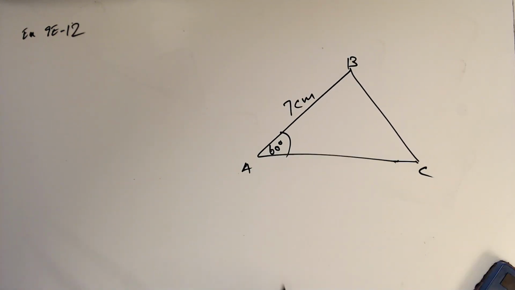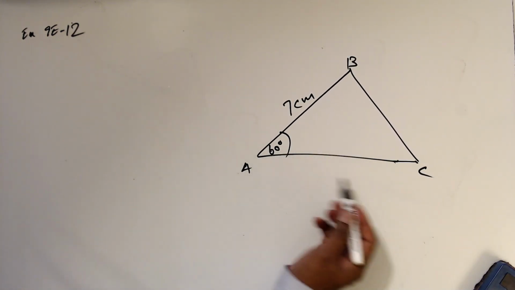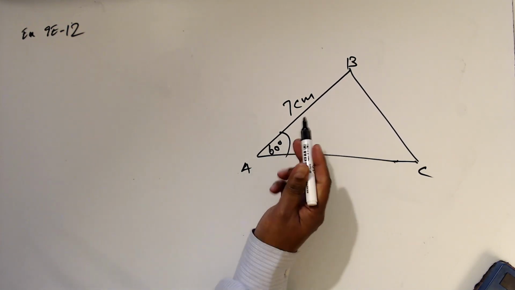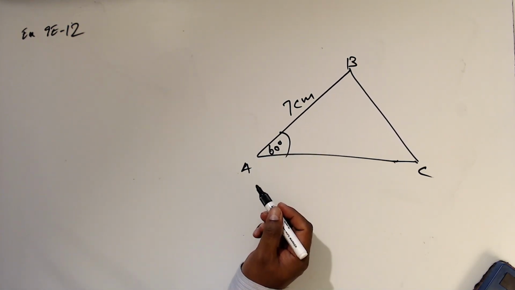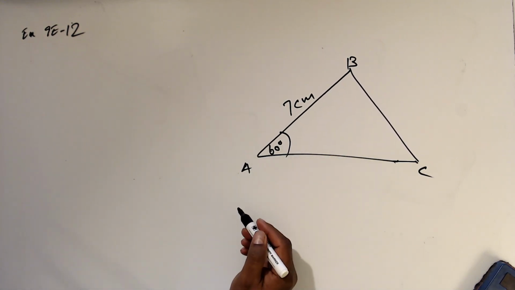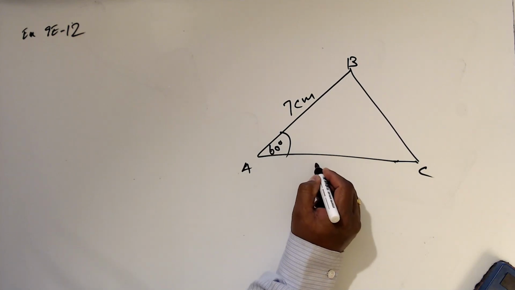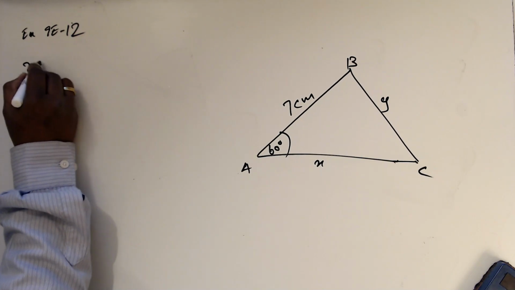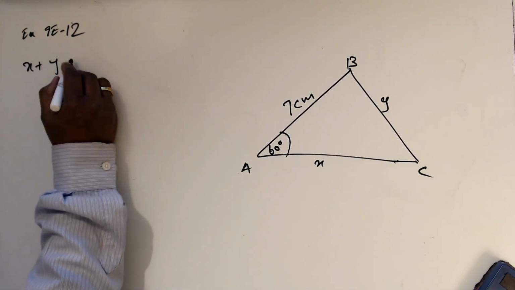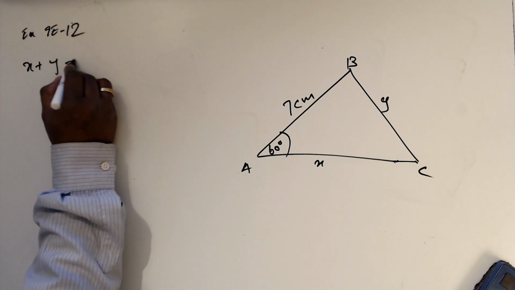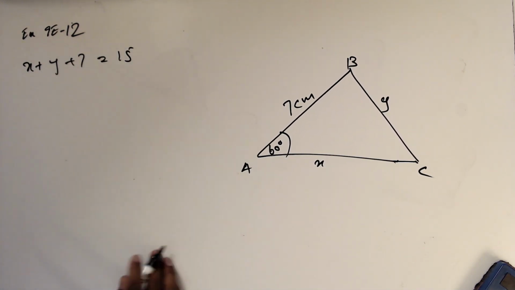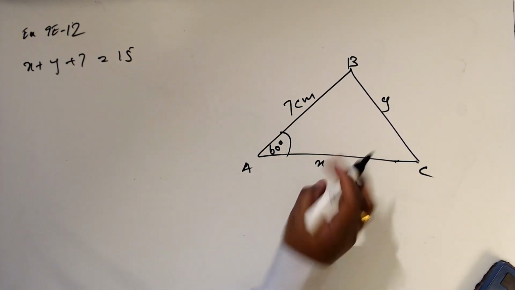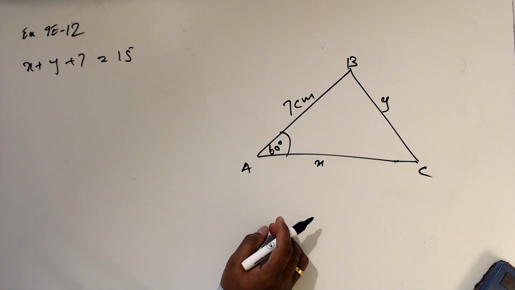Question number 12. This angle is 60, AB is 7 centimeter, and perimeter is given as 15. If I take this as x, and this as y, x plus y plus 7 equals 15. So two unknowns, we need two equations to solve.